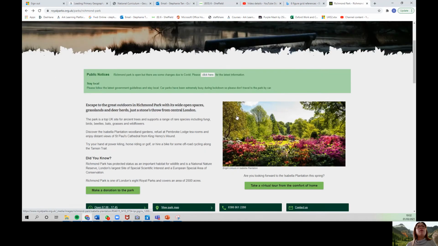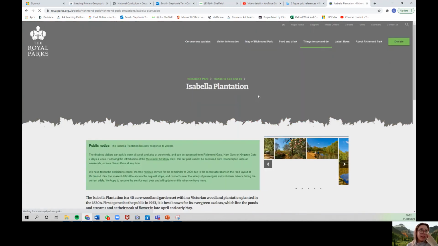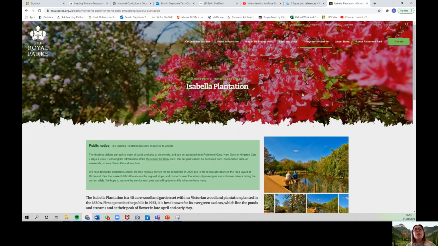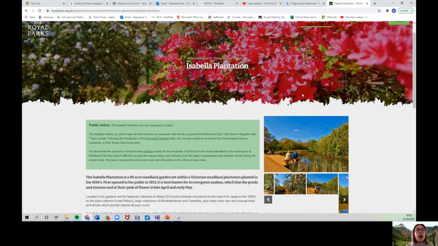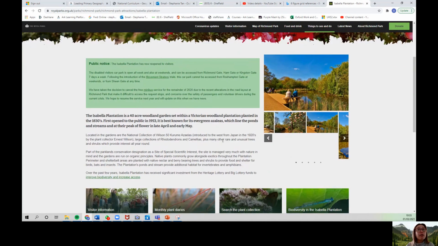Let's find out more about the Isabella Plantation. Wow, this is a beautiful plantation with hundreds of different species of flowers, azaleas, rhododendrons, and we can read about it. Located in the gardens are the national collection of the Wilson 50 azaleas, introduced to the West from Japan in the 1920s.